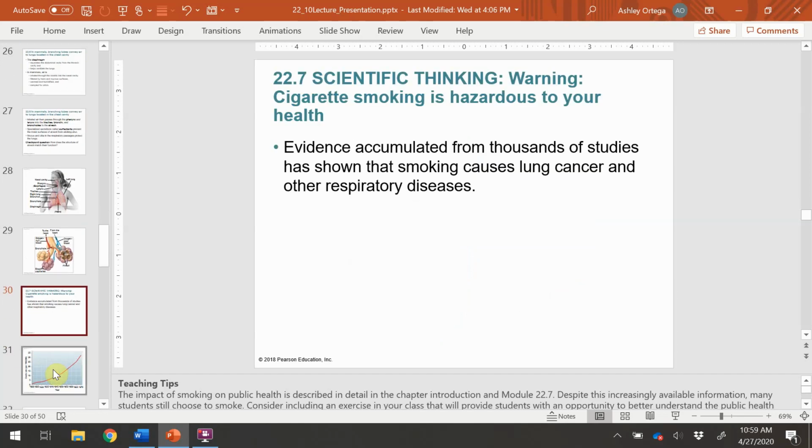Right, in terms of going back to that introduction, how cigarette smoking is hazardous to your health. Before, when cigarettes came out, it was seen as a daily activity that was for pleasure. Nowadays we know that many things inside the cigarettes can cause much harm to your health, and so it can cause lung cancer and other respiratory diseases.